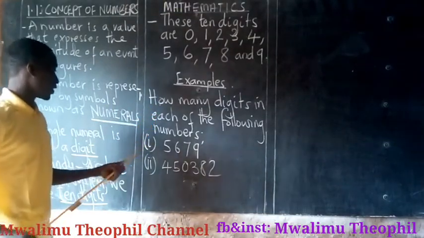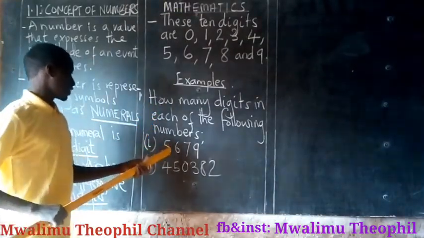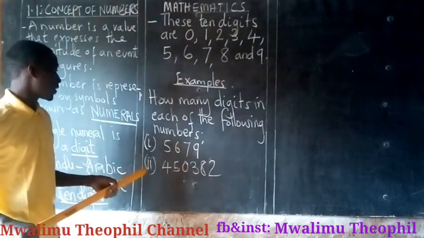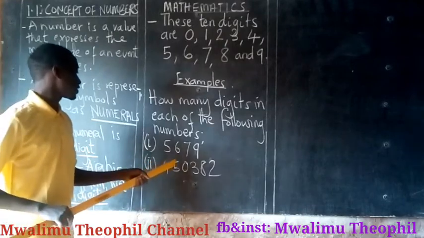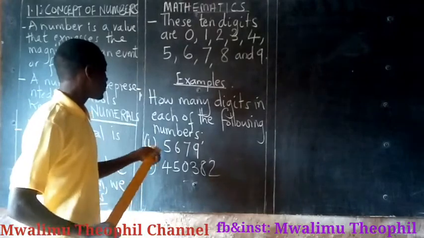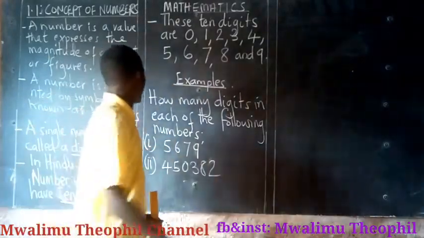Number 1, we have 5,679. The second number, we have 450,382.